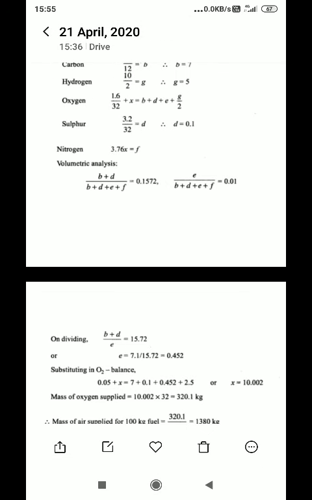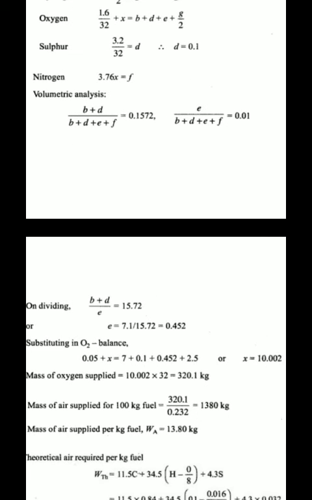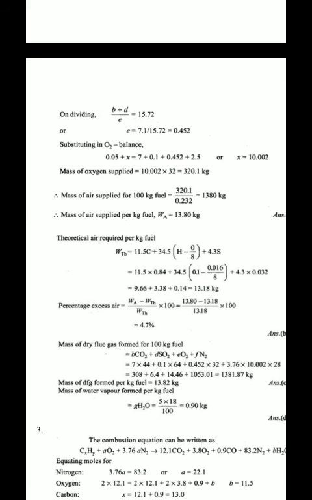Now we find the theoretical air supply, or the stoichiometric air supply, which is the minimum quantity of air required for the combustion process. You can find it with the equation WTH equals 11.5 C plus 34.5 into (H minus O by 8) plus 4.3 S. Carbon percent is 84, so C will be 0.84, and similarly put in the hydrogen, oxygen and sulfur values. WTH comes as 13.18 kg.